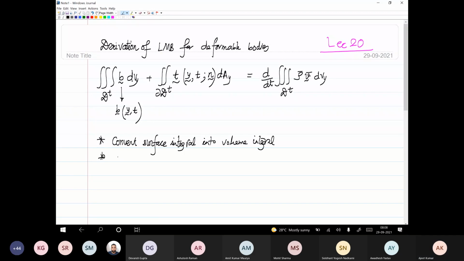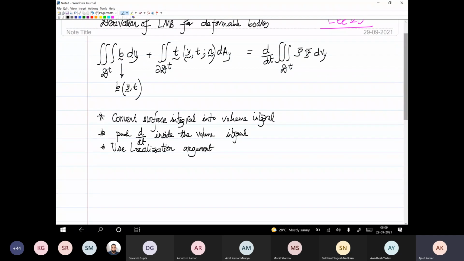Then push d by dt inside the volume integral on the RHS. And finally, use what is called the localization argument to say that the integrand of the volume integral must be 0. Okay, that is called localization argument. Because you are trying to localize it, no? From an integral, you are going to a local point. So let us do these steps one by one.